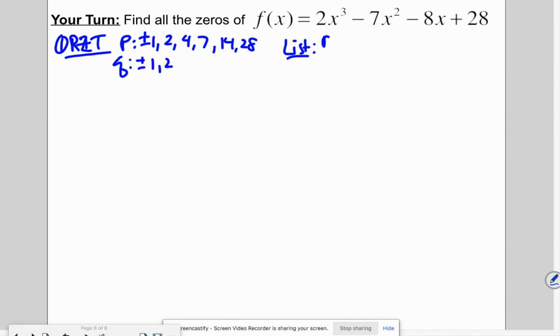The list of P over Q is plus and minus 1, 2, 4, 7, 14, 28, and then 1 over 2, 2 over 2 is 1, 4 over 2 is 2, 7 over 2, 14 over 2 is 7, 28 over 2 is 14. We already have those in our list. So there we go. We now have narrowed it down and we have our list.